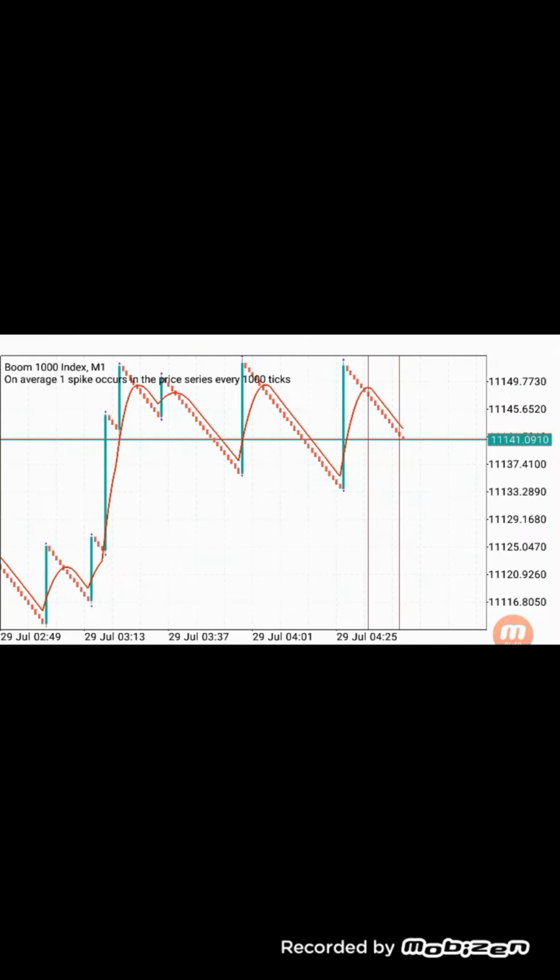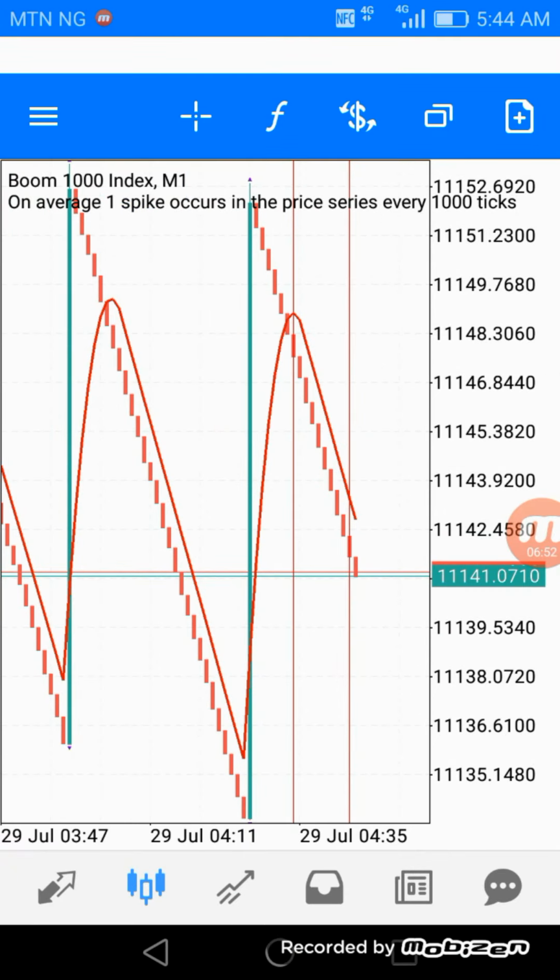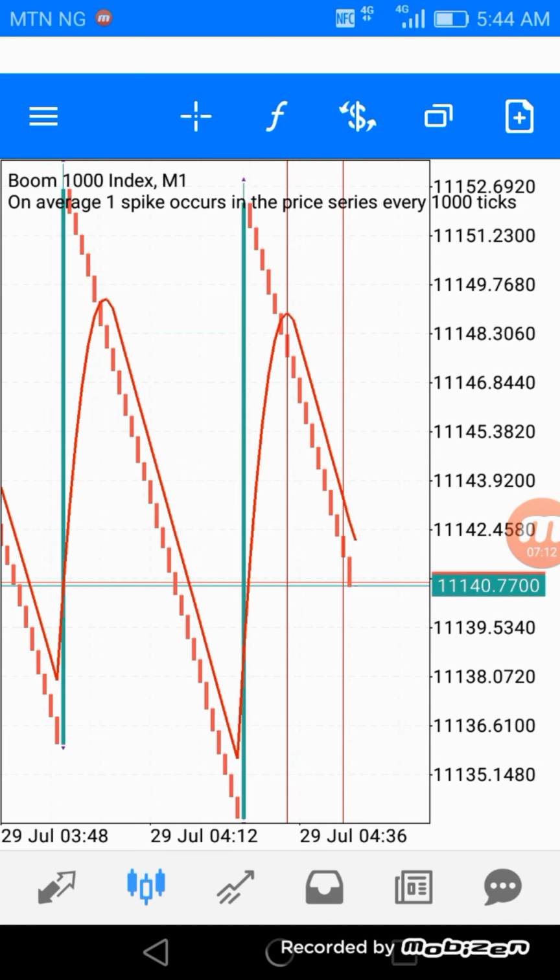Now I want to quickly let you know that although this strategy is a highly profitable and high probability strategy, you don't want to lose your money. You don't want to trade blindly, which is why I advise that you trade with discretion. Someone commented that the strategy did not give him what he wanted on crash market, on crash 500.